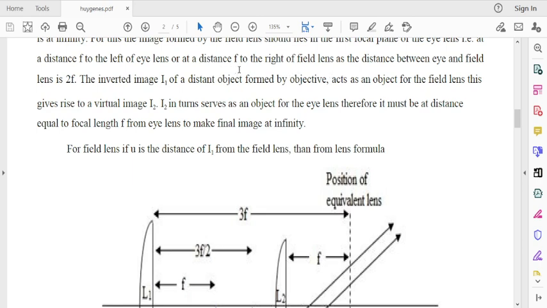The eye lens is at f to the left of the field lens, and the distance between the eye lens and the field lens is 2f.